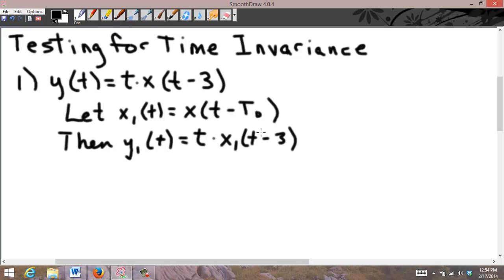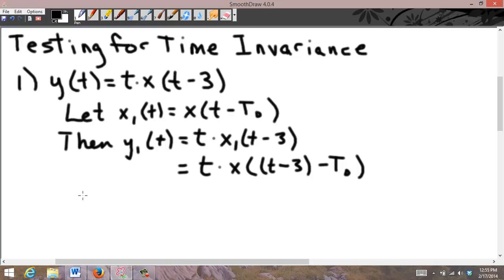And then doing the substitution, where there was a t, I'm going to replace t with t minus 3. So t times x of t minus t naught, close parentheses. Obviously you can remove this parentheses without any loss.